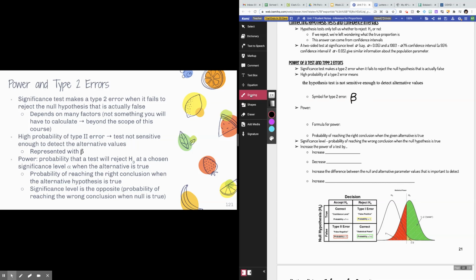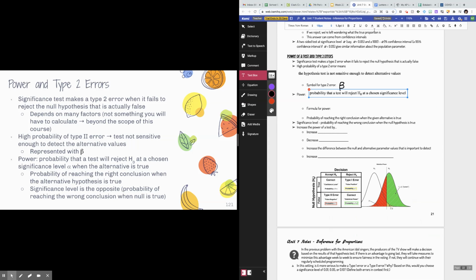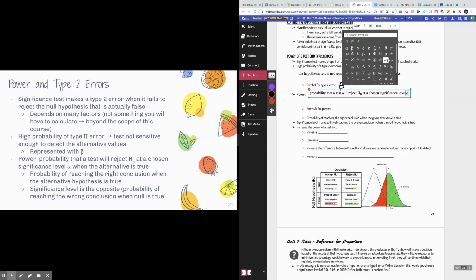Now, how this connects to the idea of statistical power: power is the probability that a test will reject the null, reject H naught, at a chosen significance level. So that's your alpha value. Every single time I have to type in alpha, I have to switch over to my equation editor here.